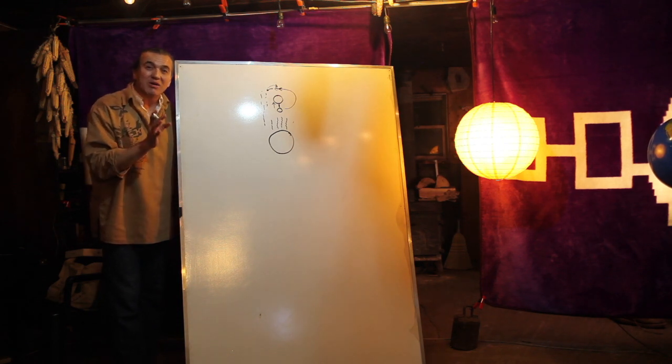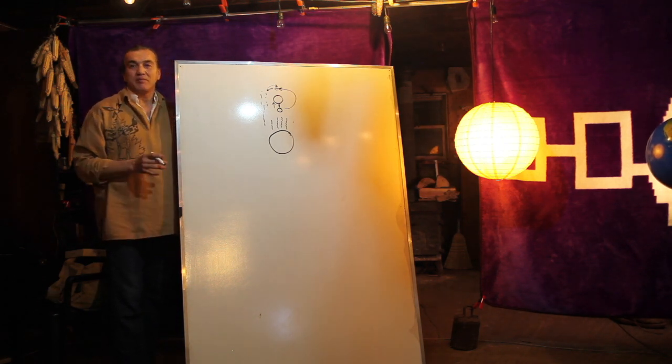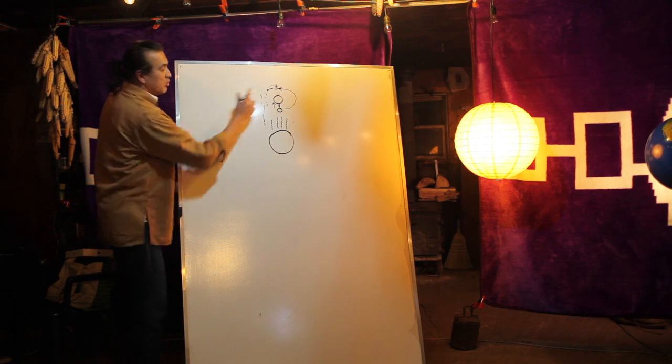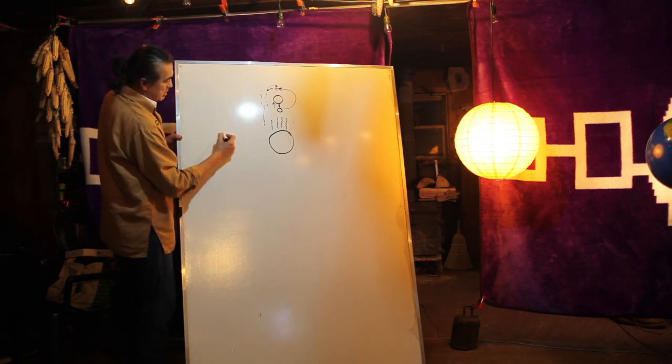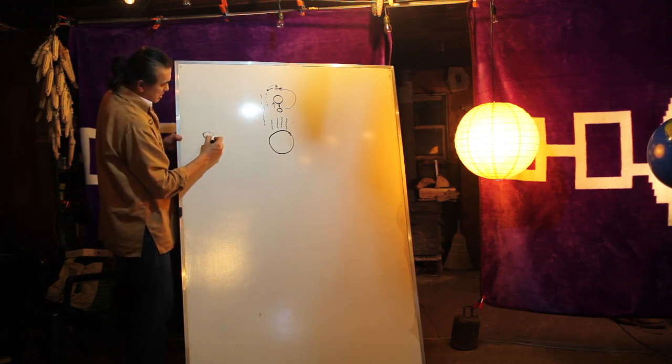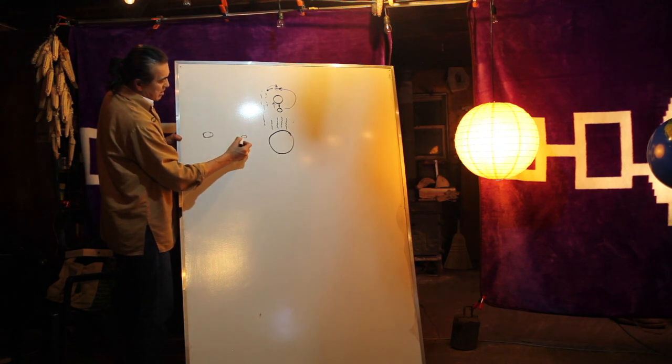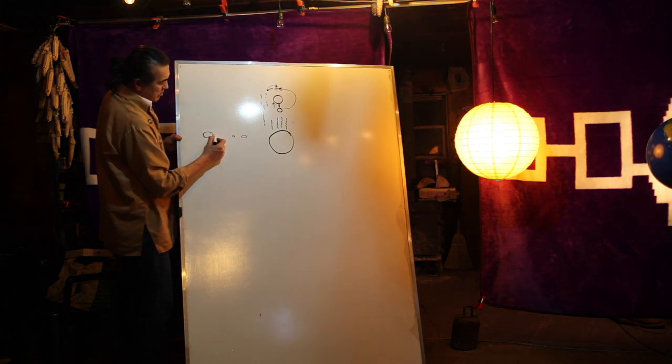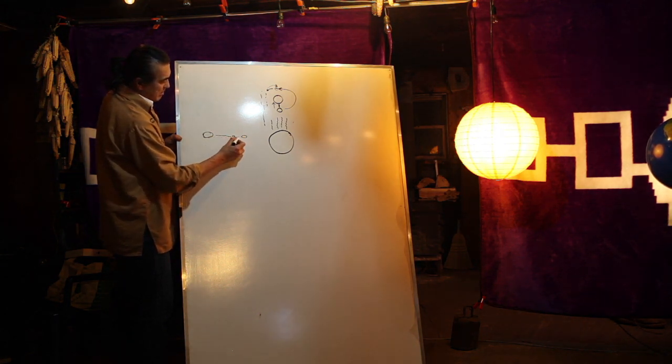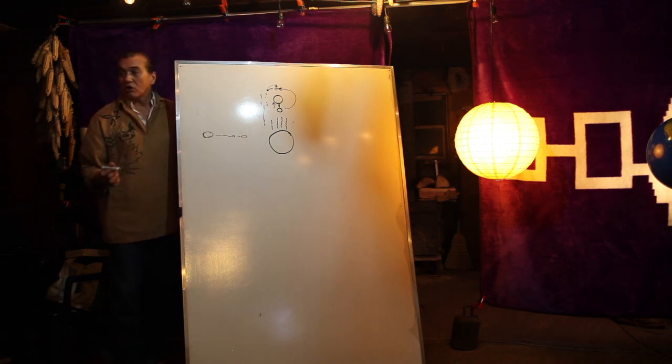Why does that not happen? Because here we're dealing with a flat plane. For instance, if this is the sun, here's the earth, here's the moon. We're looking at it flat. We're not looking at it with a predetermined shape.